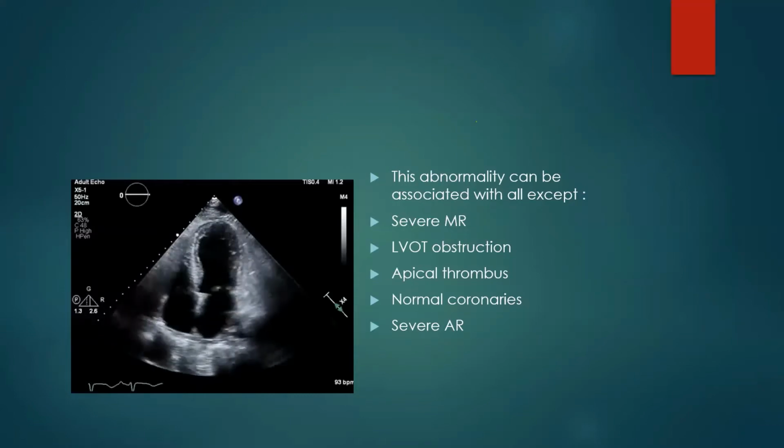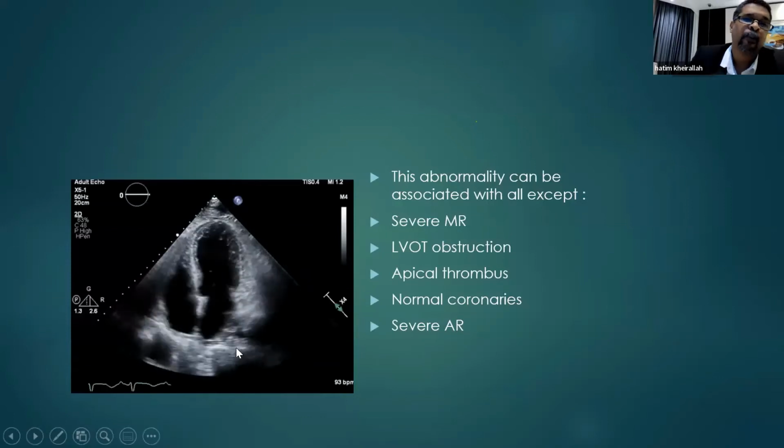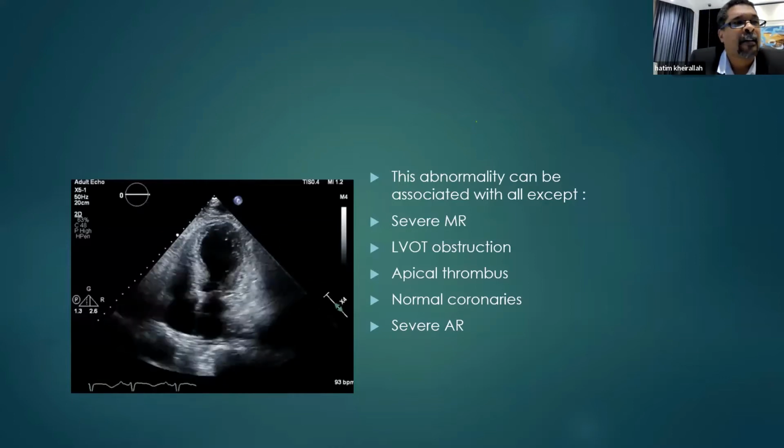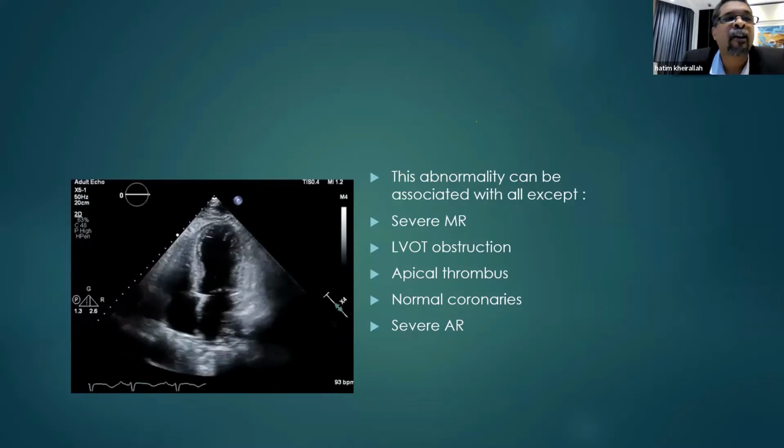We were looking for MR and we found none. I sent the fellow to do the TEE and he called me that things are fine, no MR, no VSR, nothing.